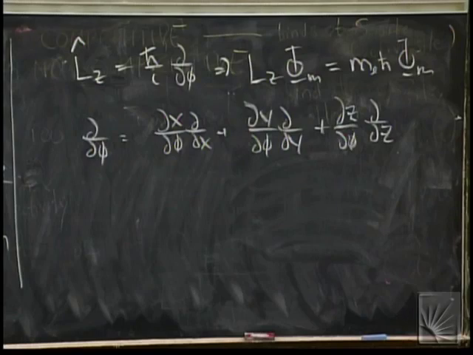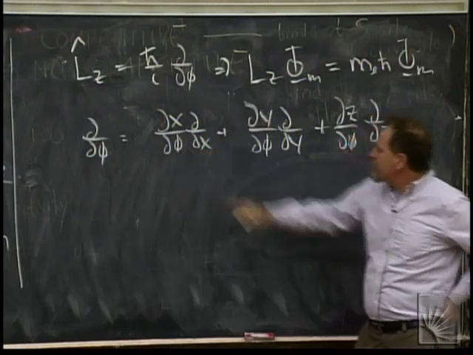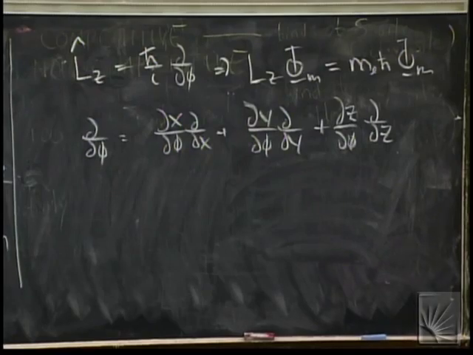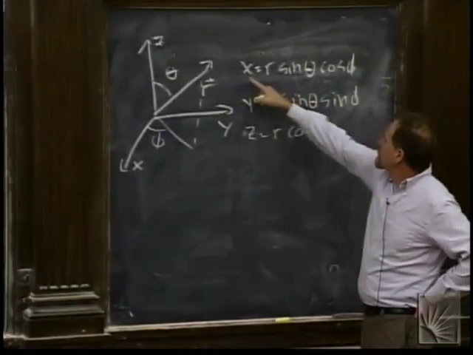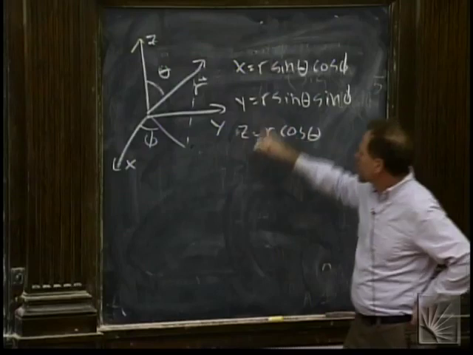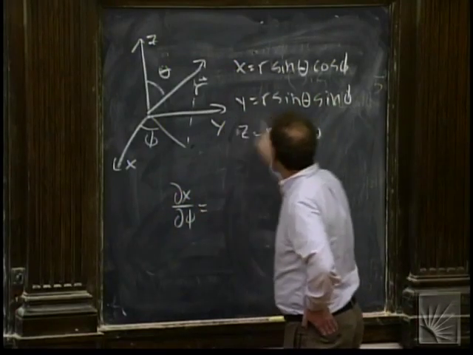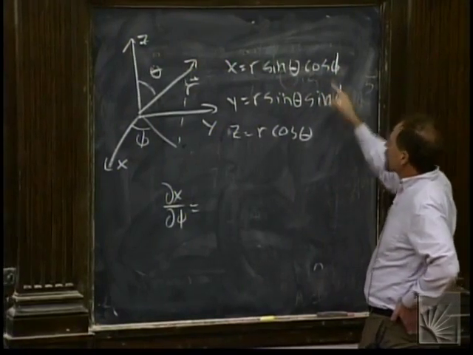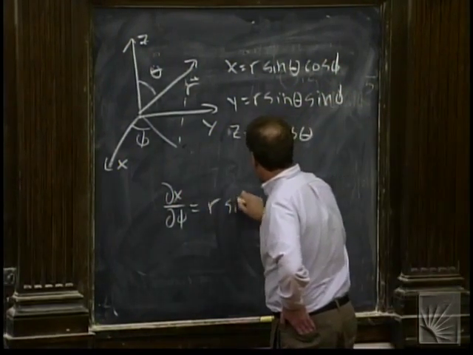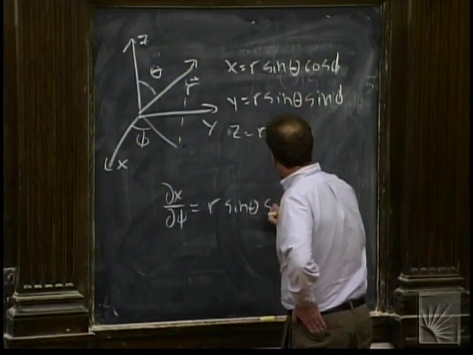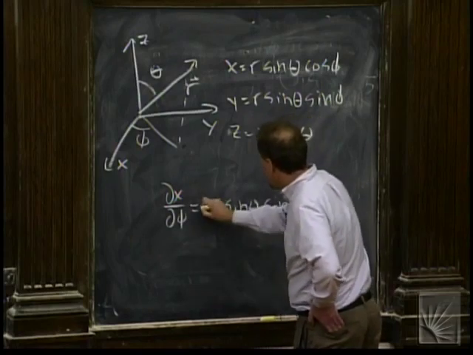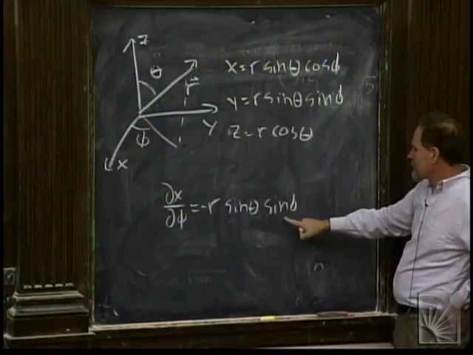Now, over here, I can do these things. I want to do dx by d phi. So I just have to take this equation, and then dx d phi is to take the partial of this with respect to phi. So that's just r sine theta, and the derivative of cosine is negative sine, so it's r sine theta sine phi with a minus sign.